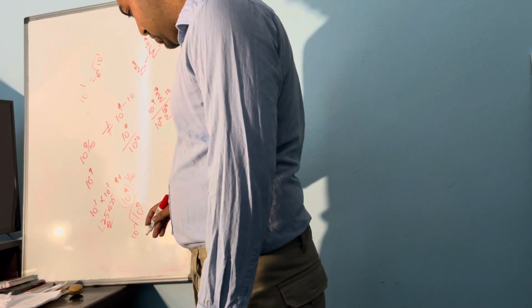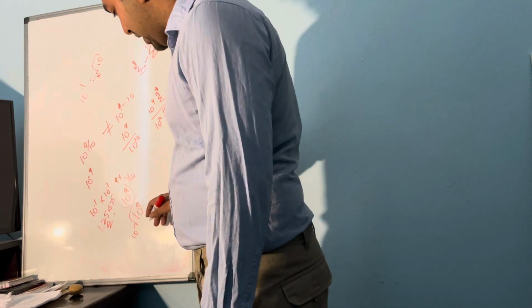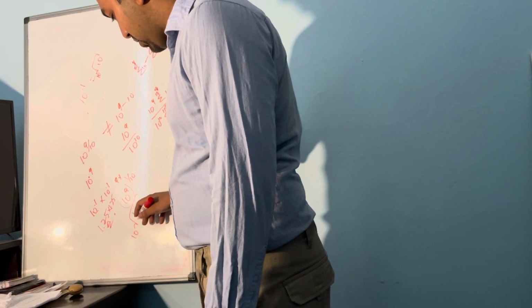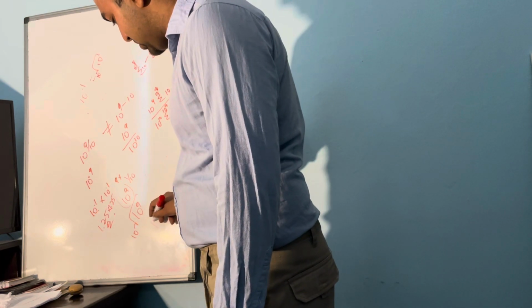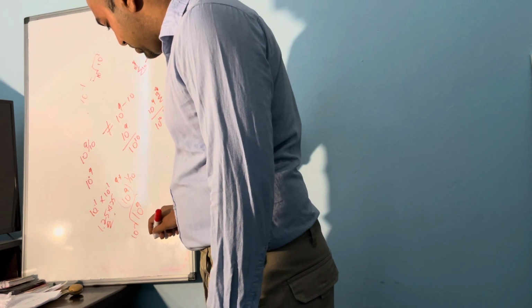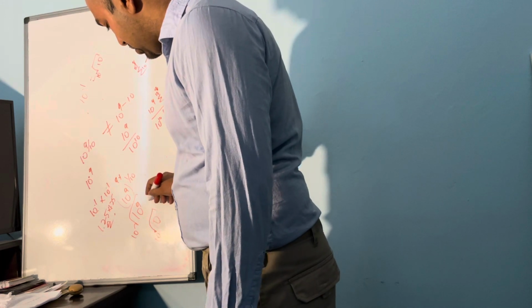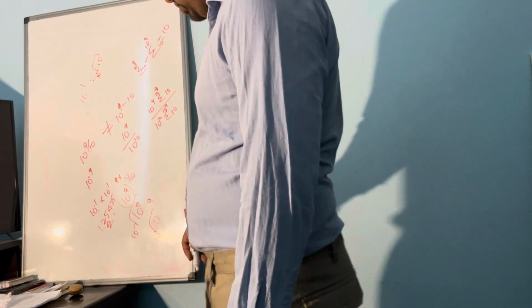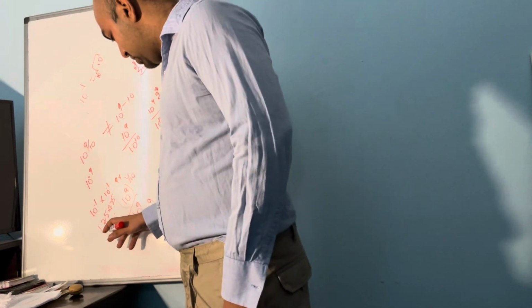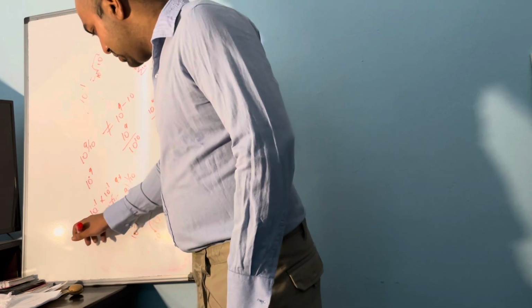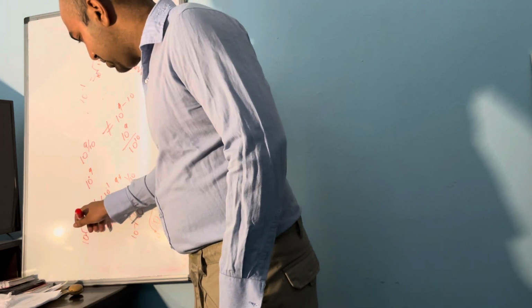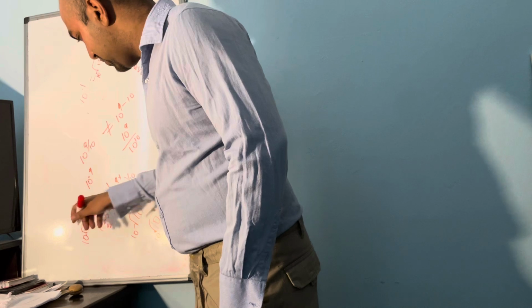So the reason why I describe it like this is because the 10th root of 10 to the power of 9 is the same as the 10th root of 10, all to the power of 9. So this is the 10th root of 10 all to the power of 9.